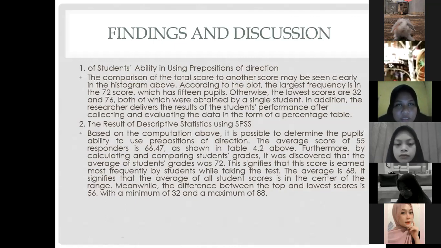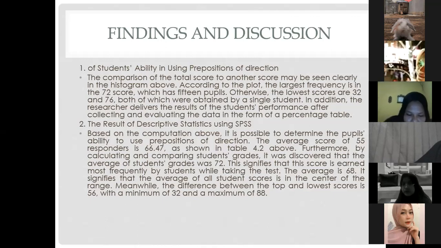This signifies that this score is earned most frequently by students while taking the test. The median is 68. It signifies that the middle of all students' scores is in the center of the range. Meanwhile, the difference between the top and lowest scores is 56 with a minimum of 32 and a maximum of 88. Next, please.